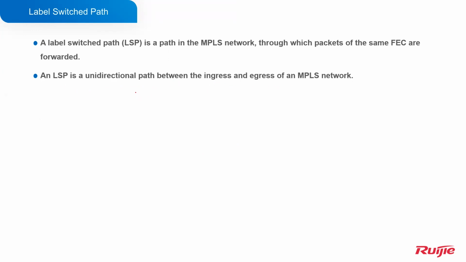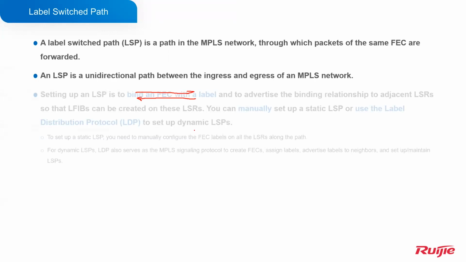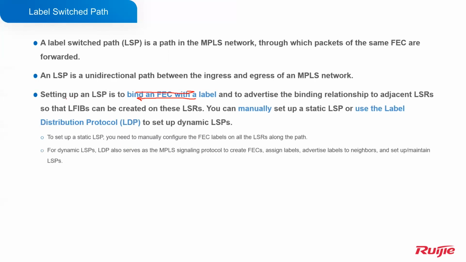That means for traffic from left to right, or right to left, you have to create two LSPs. Setting up an LSP is to bind an FEC with a label together. So this is the basic function of the LSP.